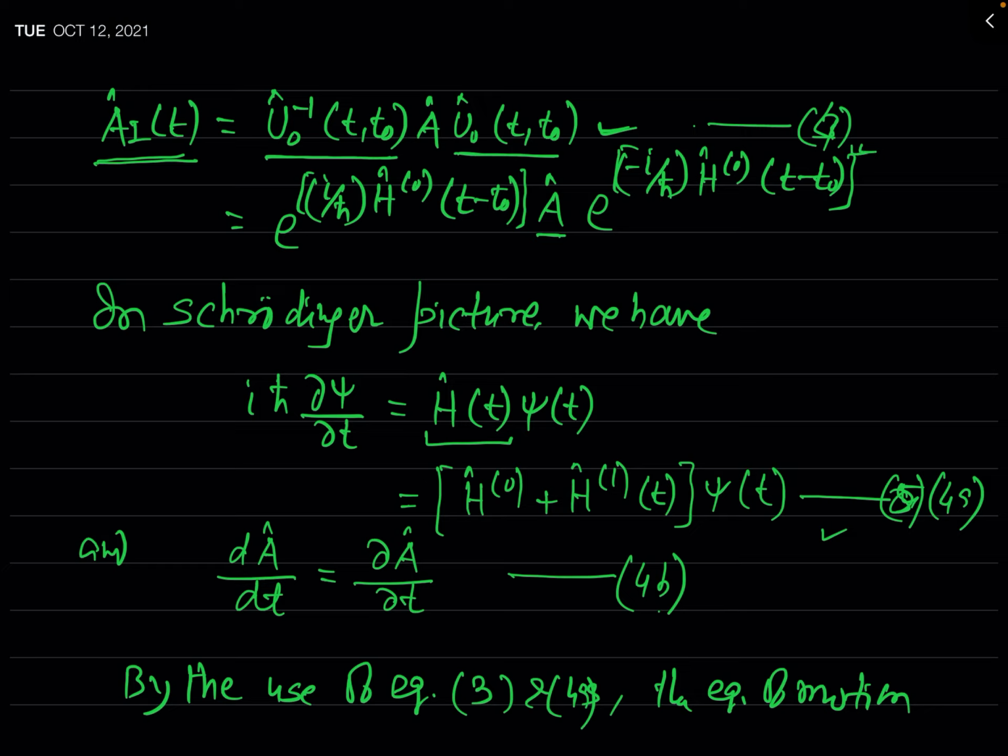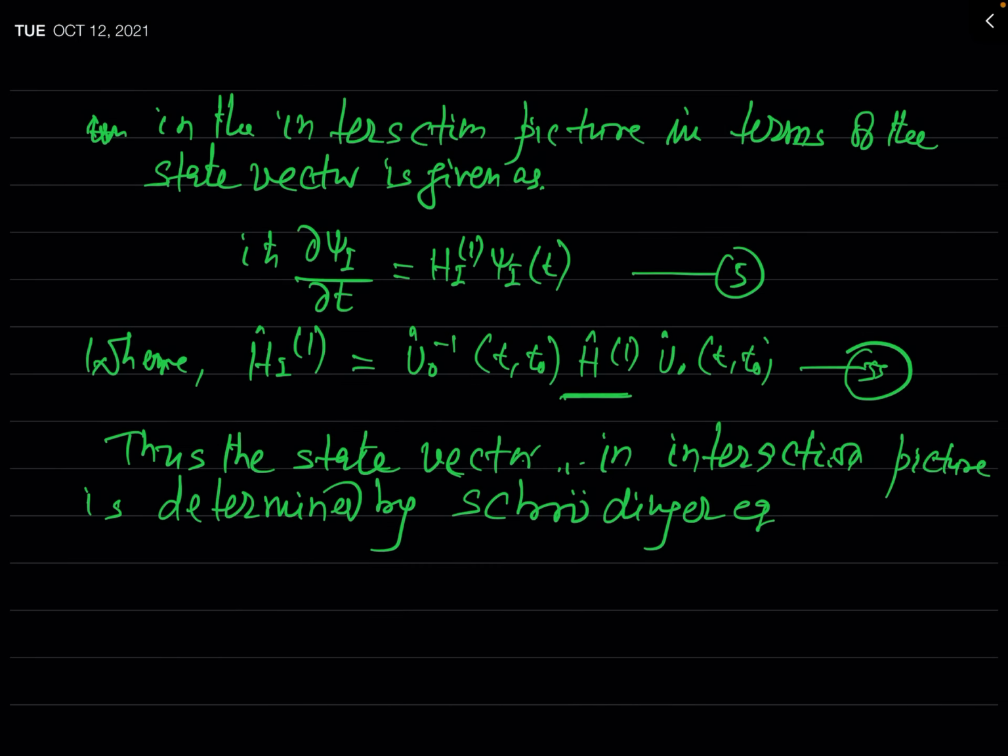So see this equation 4, and in the light of equation 4 and equation 4b, you can write the equation of motion in terms of this operator A_I hat in this interaction picture, and the result will be exactly the same as in the Heisenberg picture. As I have told you, I am not going to follow all of the steps, I will write the expression directly and you should try to obtain the result.